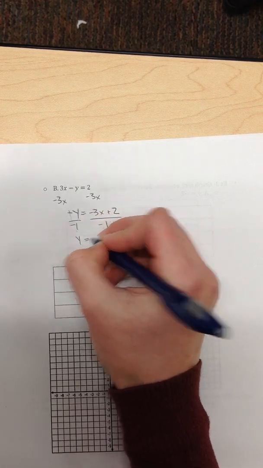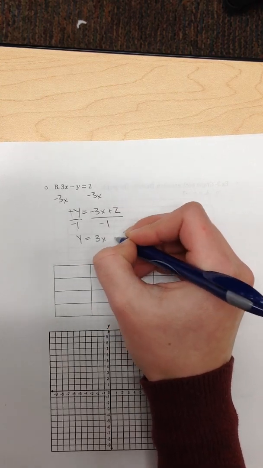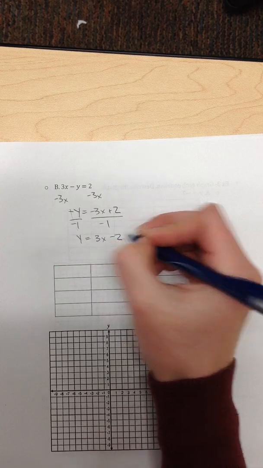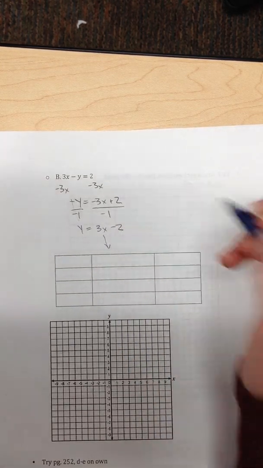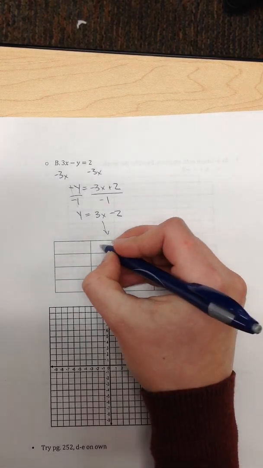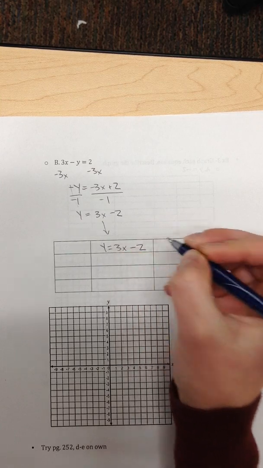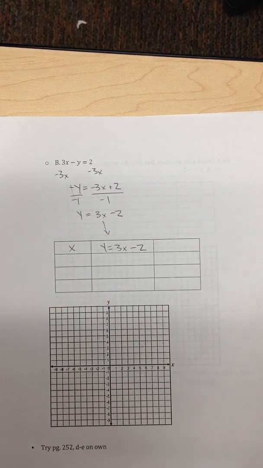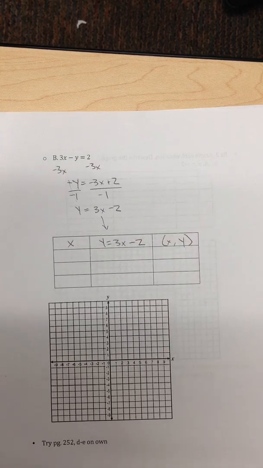Then I'd have y is equal to negative 3x divided by negative 1, which is positive 3x, and 2 divided by negative 1 is negative 2, or minus 2. Now I can use that equation, since it's in y equals, in my chart here. So y equals 3x minus 2, pick out some x's to plug in, and come out with my ordered pairs that I can go and graph.